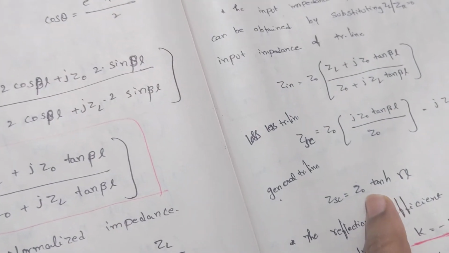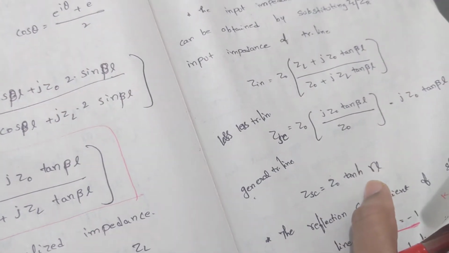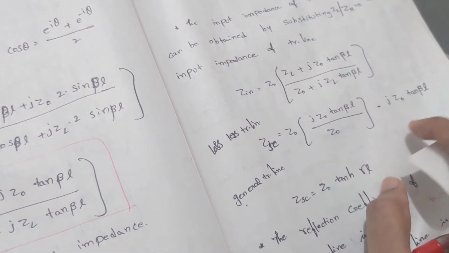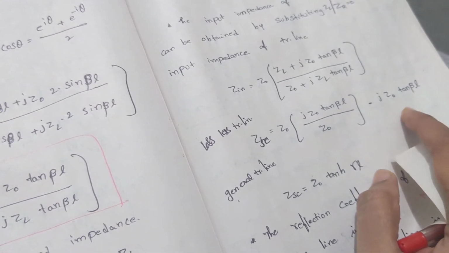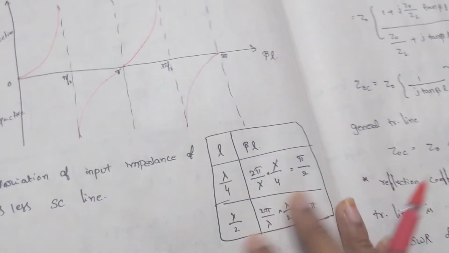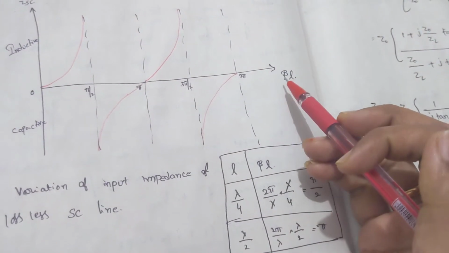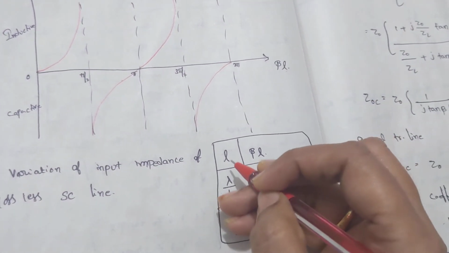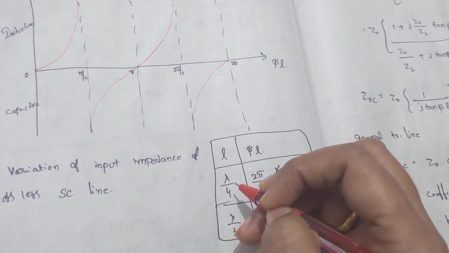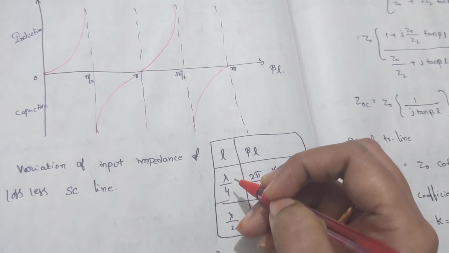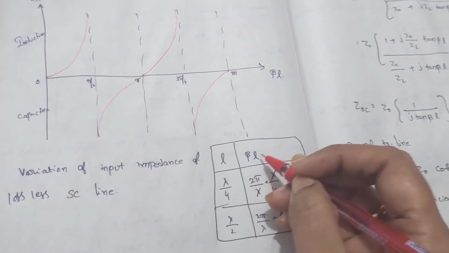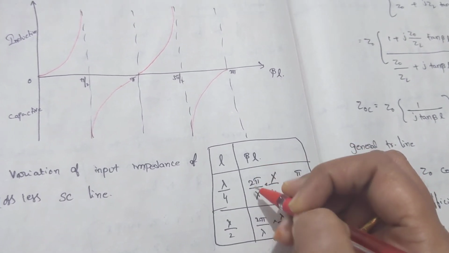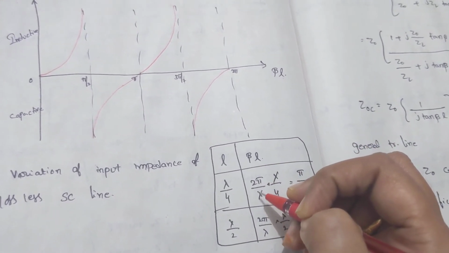ZSC equals Z0 tan beta L, either for the general transmission line or for the lossless transmission line. On the x-axis I put beta L. I can express the length of the transmission line in terms of wavelength, lambda by 2 or lambda by 4. Beta is 2 pi by lambda.